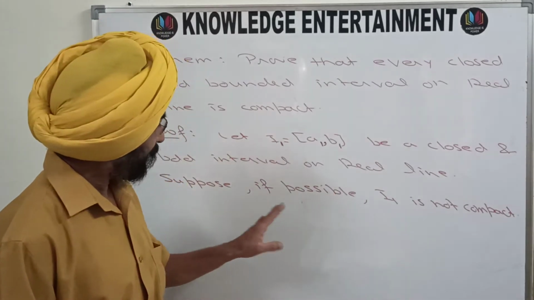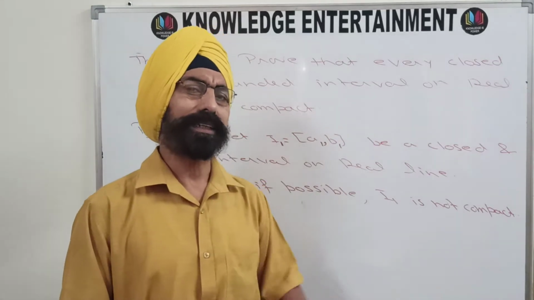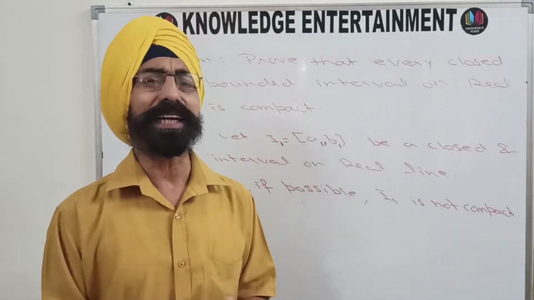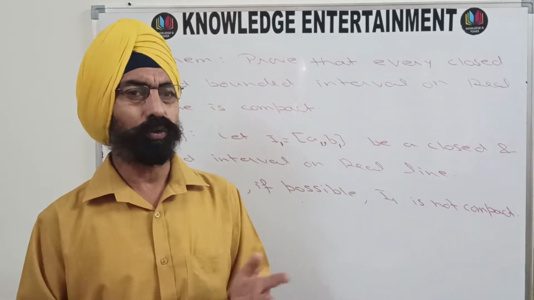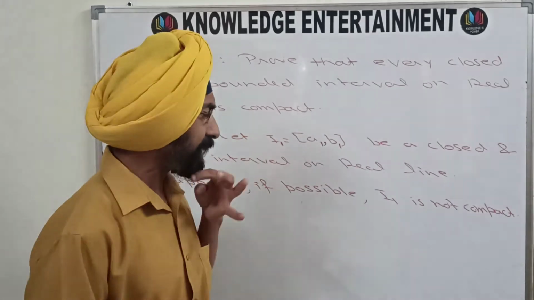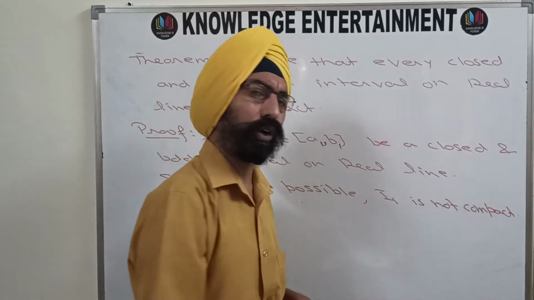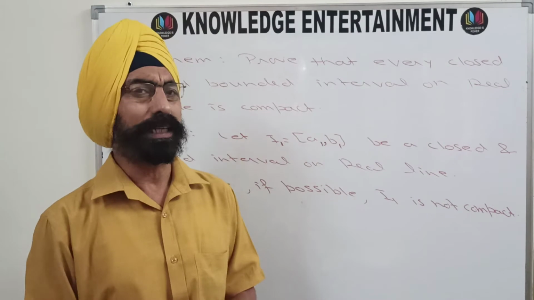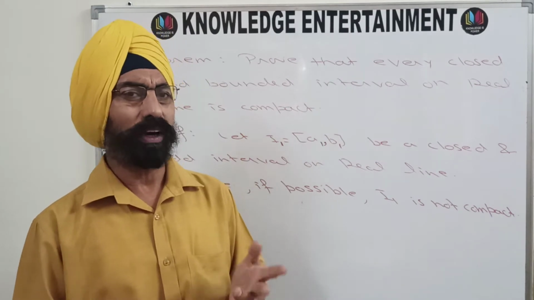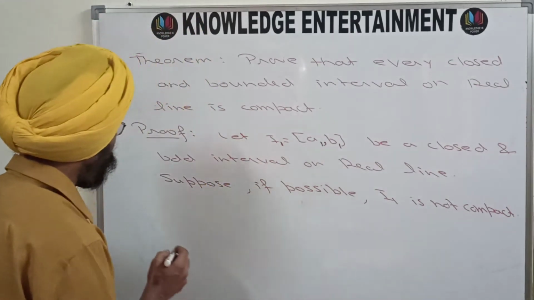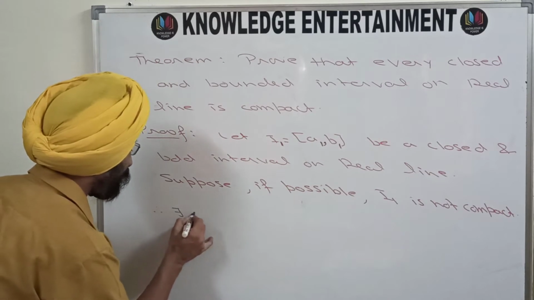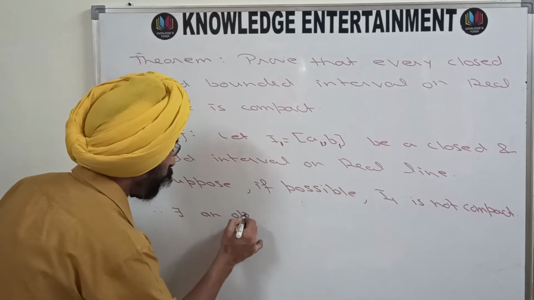And if some set is not compact, then there will definitely be an open cover having no finite subcover. Since we have assumed that I1 is not compact, there must be an open cover which has no finite subcover.